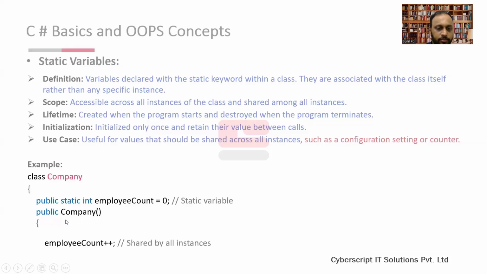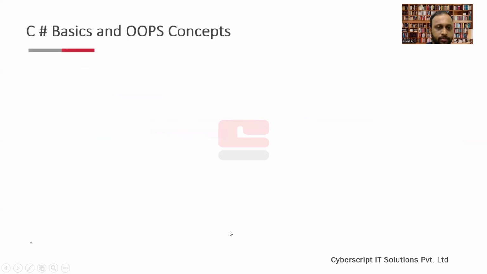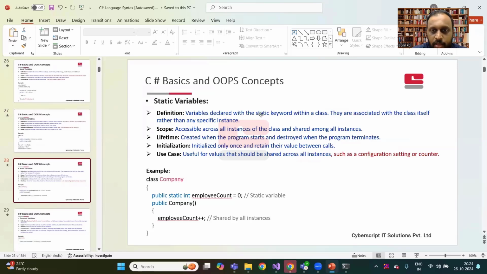Public company. In public company function, we are just incrementing the value of employee count. So it will be shared all instances. Variables declared with the static keyword within a class, they are associated with the class itself rather than any specific instance. Accessible across all instances of the class and shared among all instances.